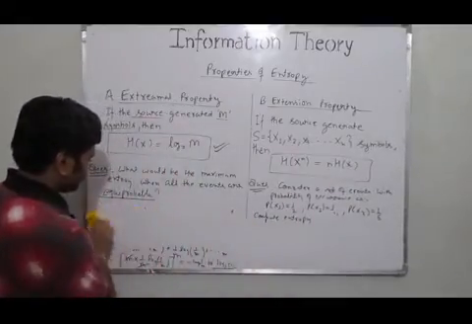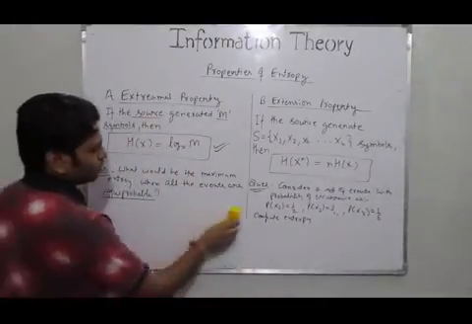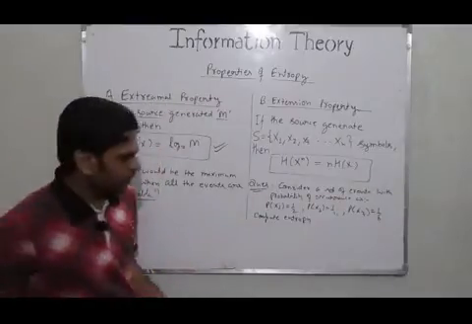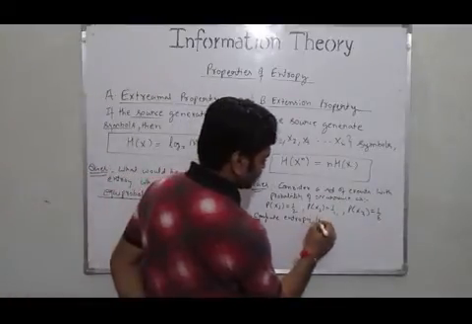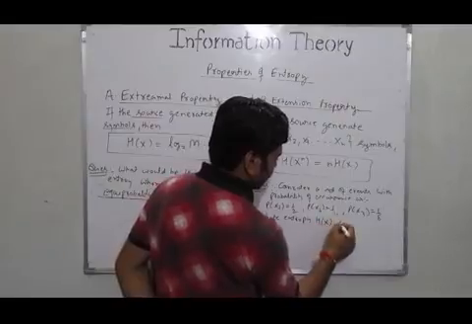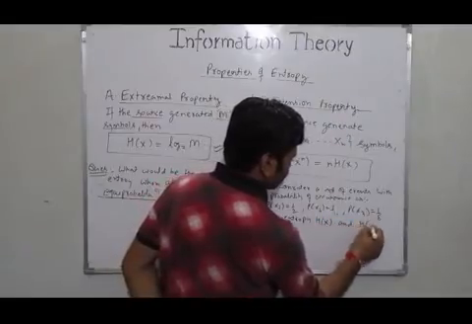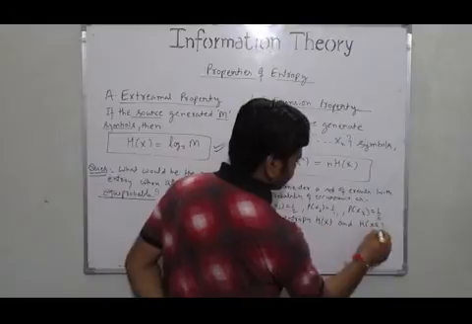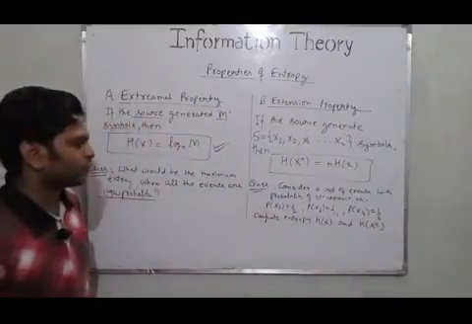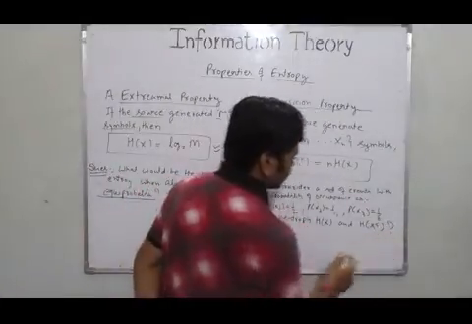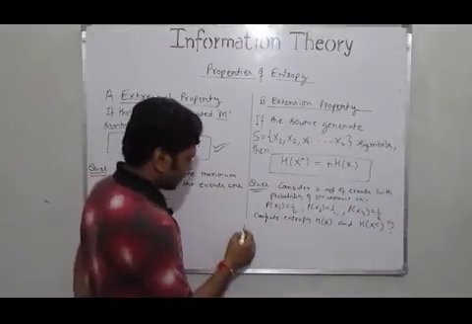So we have to compute the entropy as H(x) and H(x^5). Fine, H(x^5). The question would be given as something like that. So let us first determine H(x).